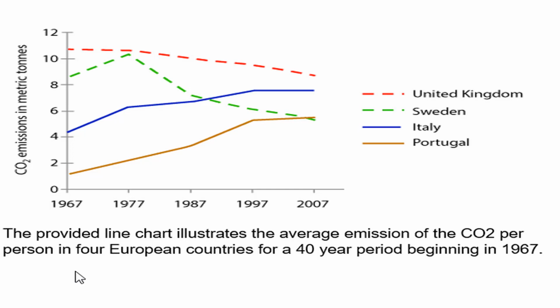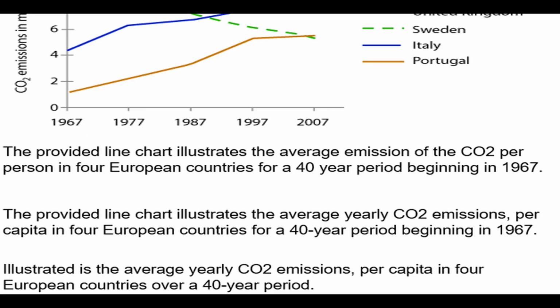Let's look at a sample introduction. The provided line chart illustrates the average emissions of the CO2 per person in 4 European countries for a 40-year period beginning in 1967. Let's see if we can make some improvements. Okay, so here's the original introduction.